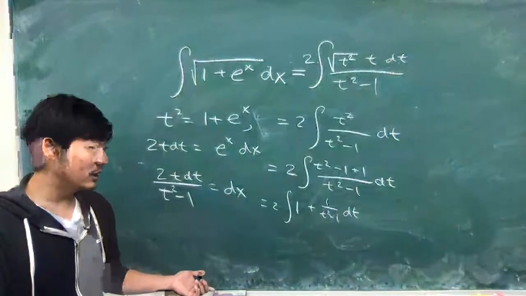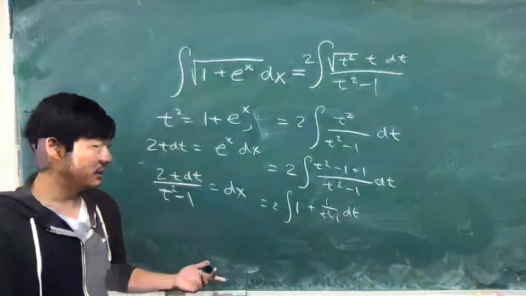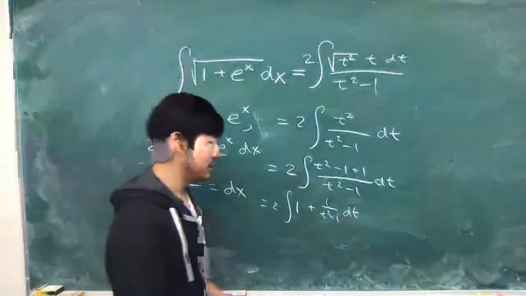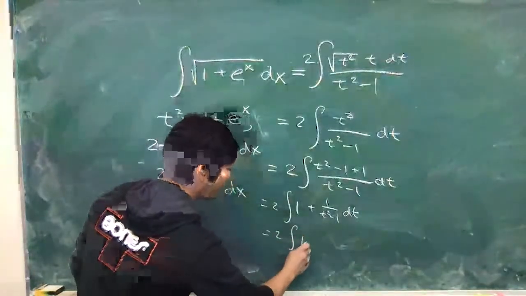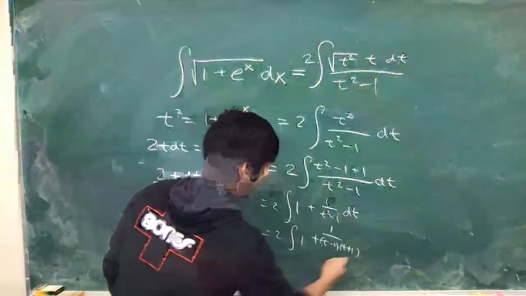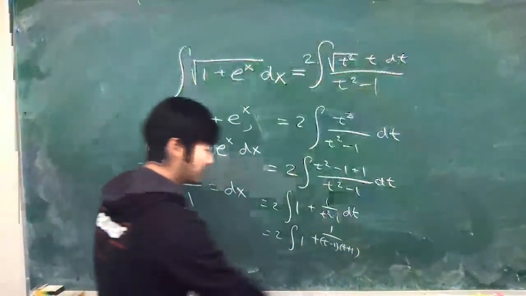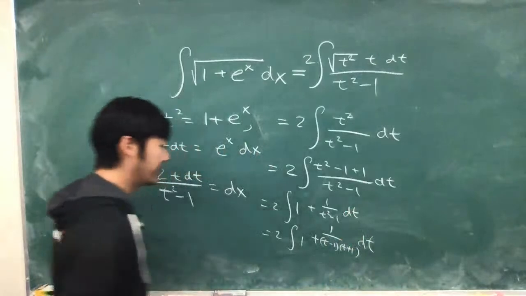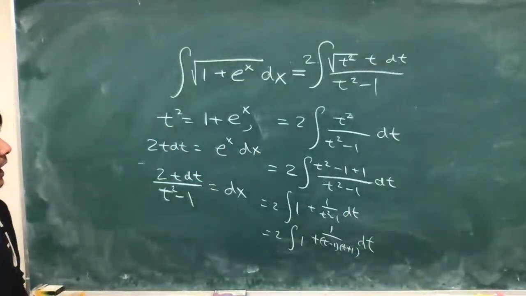If you don't know it, then there's still a way out, which is you can split this into 1 over t minus 1 and t plus 1, and do partial fraction decomposition and integrate that way. I think I will just do trig substitution.